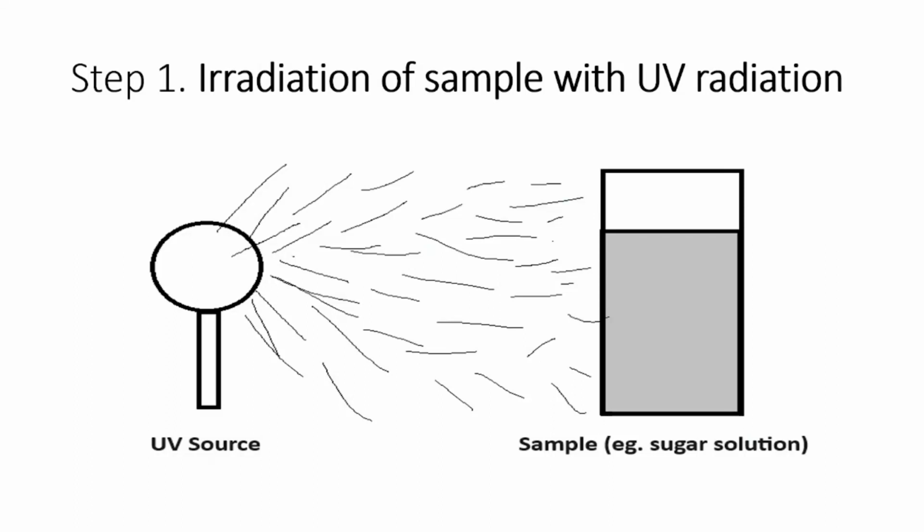The first of all these steps is the irradiation of sample, UV radiation. For you to be able to study a particular sample, let's use this scenario throughout the lecture, so just pay attention to it very carefully.